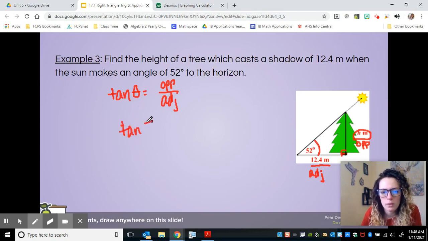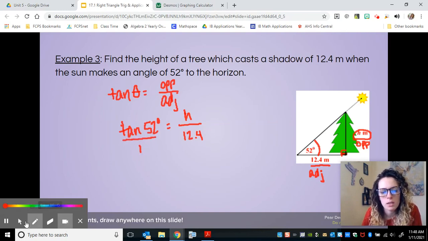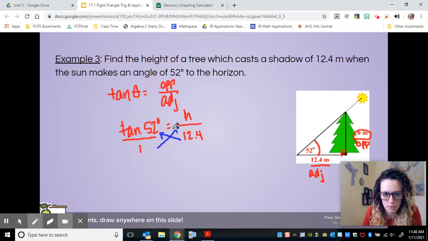my angle that I'm focusing on is 52 degrees. I know the opposite side is what I'm looking for. It's that h that I'll go ahead and leave there. And my adjacent side is 12.4. So again, just like example 2a, I can set up a little ratio here by putting that tangent over 1 and cross multiplying.